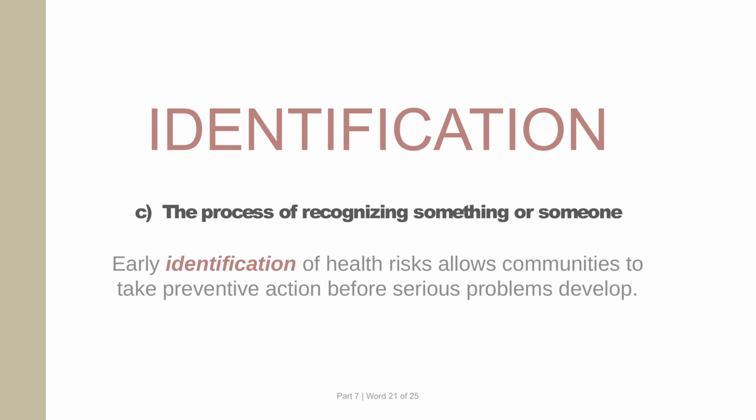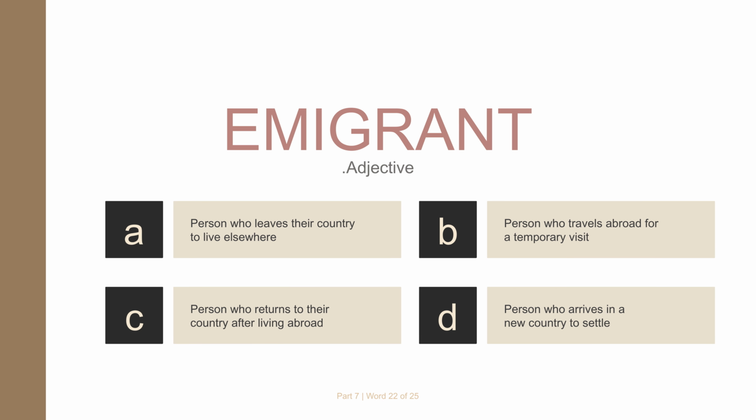Example: early identification of health risks allows communities to take preventive action before serious problems develop. Question 22. What is the meaning of emigrant? Option A: person who leaves their country to live elsewhere. Option B: person who travels abroad for a temporary visit.